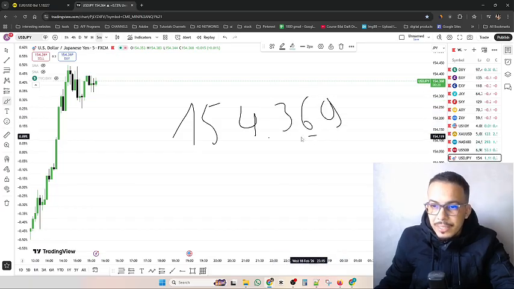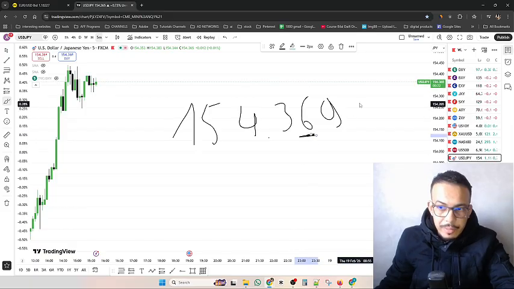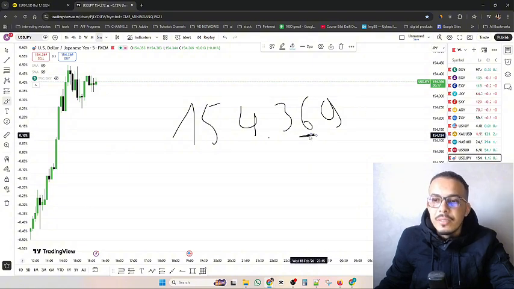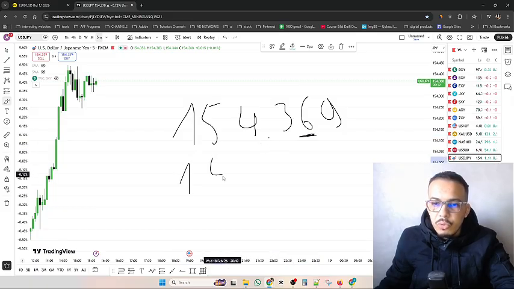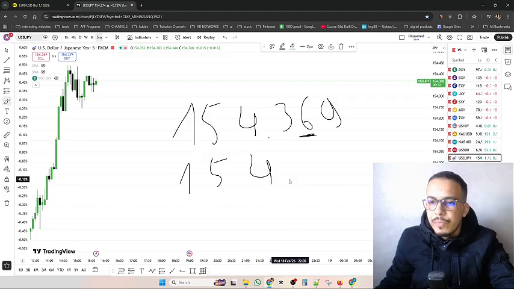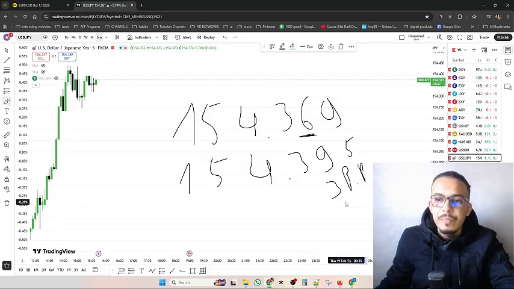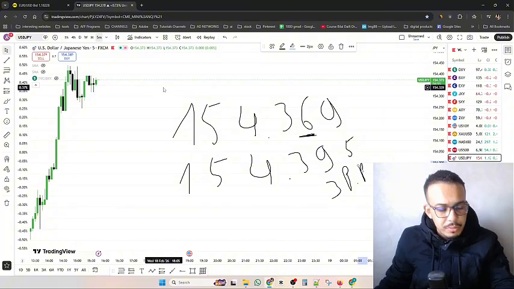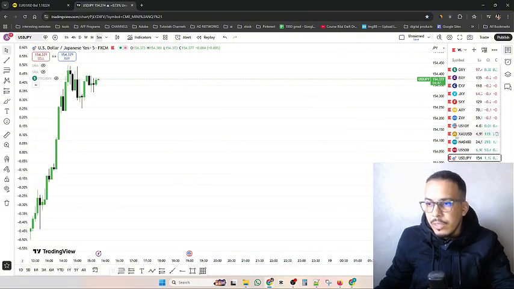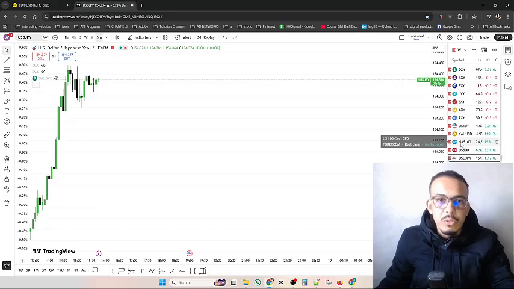The pip is this one, the second number, okay? Not the fourth number like Euro USD and GBP USD, but the second number, this one. For example, if the price changes to 154.39, this means that the price changed by 3 pips, okay? Now let's go back to our currency pair, the Euro USD, because the Euro USD is the most traded currency.